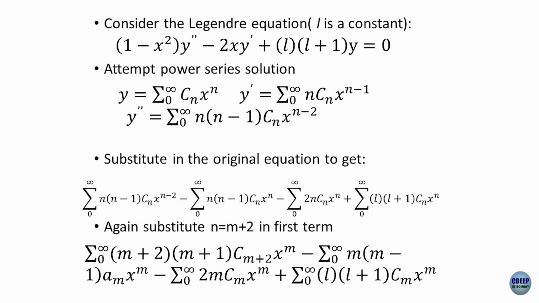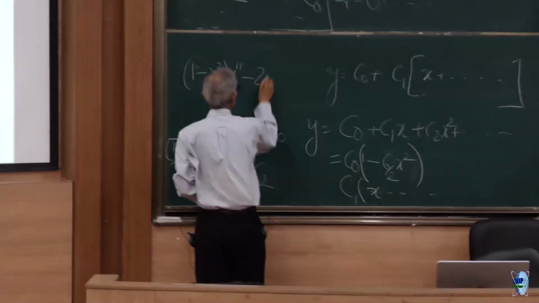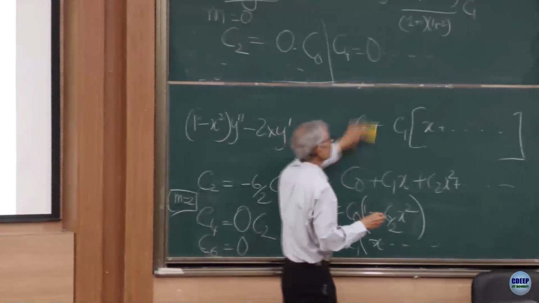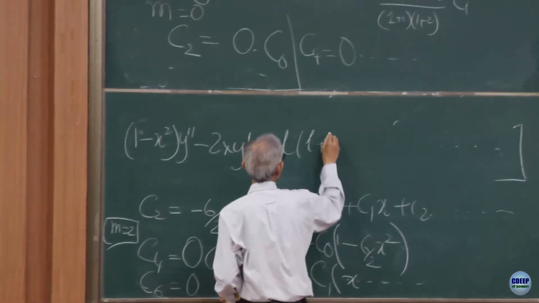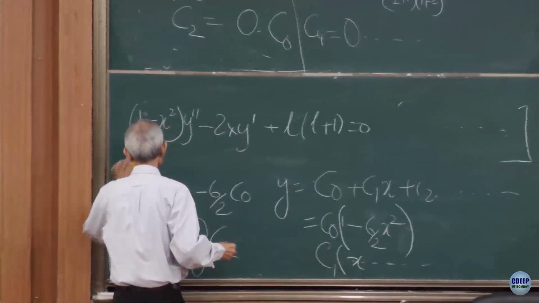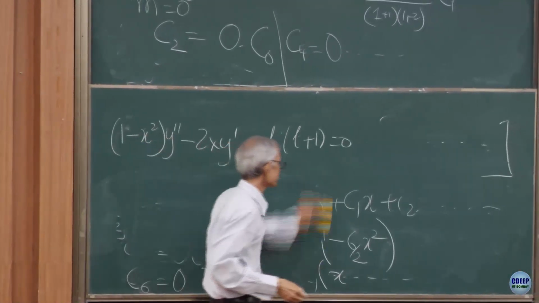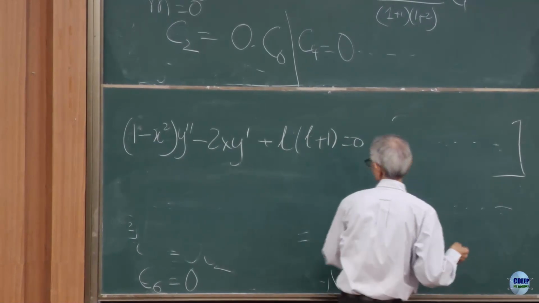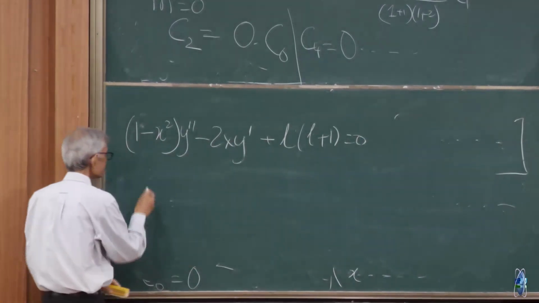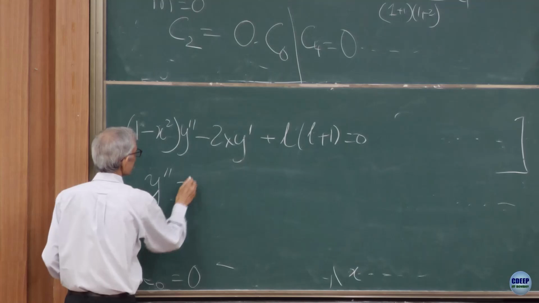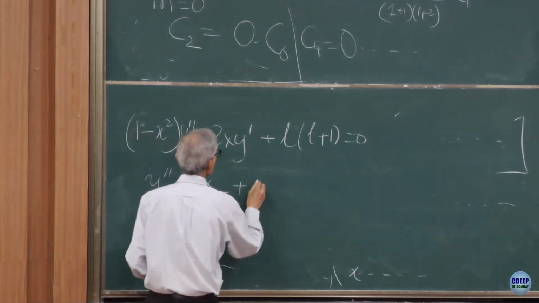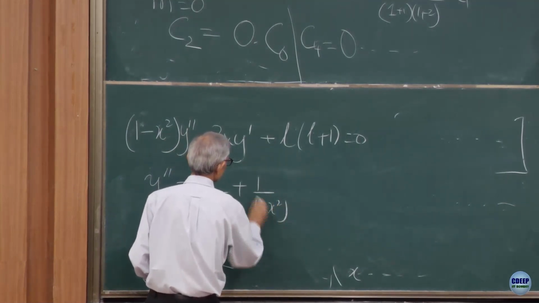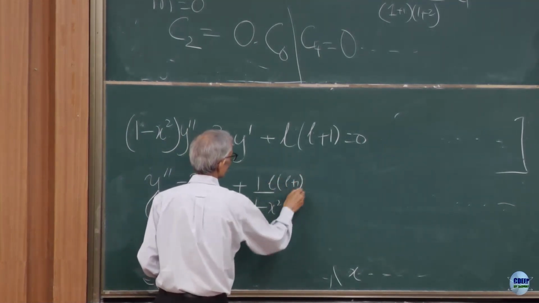1 minus x square y double prime minus twice x y prime plus L into L plus 1 y equal to 0. The first thing that you need to look at is, we said that this is an ordinary point. Why is it an ordinary point? This is minus 2x upon 1 minus x square, plus 1 by 1 minus x square times L into L plus 1.